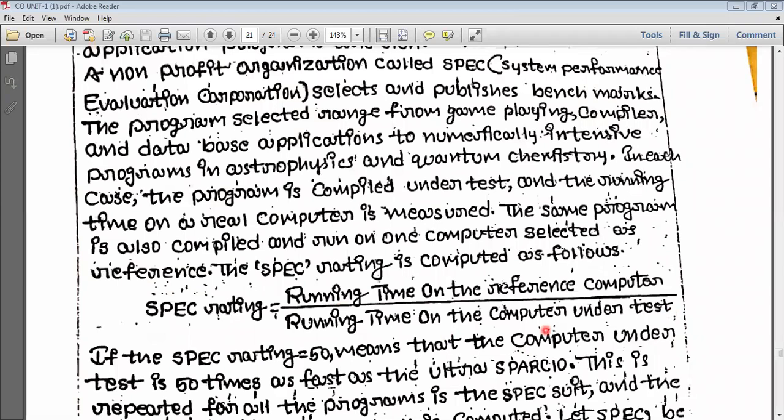Here we are using a comparison method to know the performance of the computer.